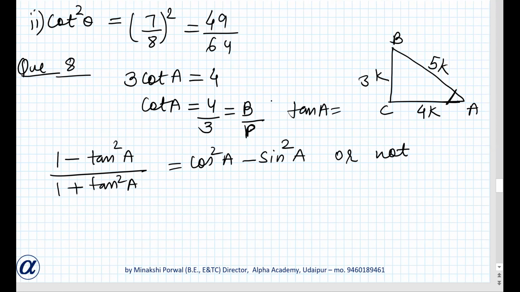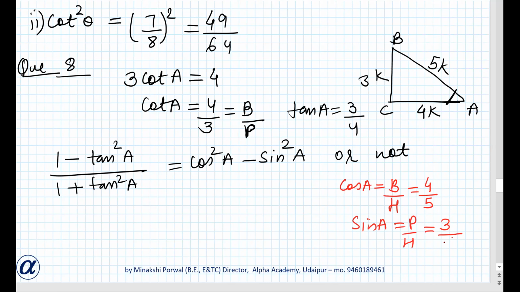Tan A is just the reciprocal of cot, so tan A is 3 by 4. Cos A and sin A we can also find. Cos A is base upon hypotenuse. Base is 4 and hypotenuse is 5. Sin A is perpendicular upon hypotenuse. Perpendicular is 3 and hypotenuse is 5.